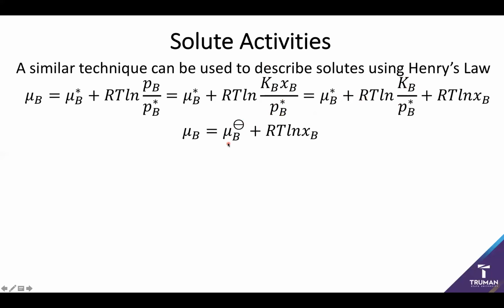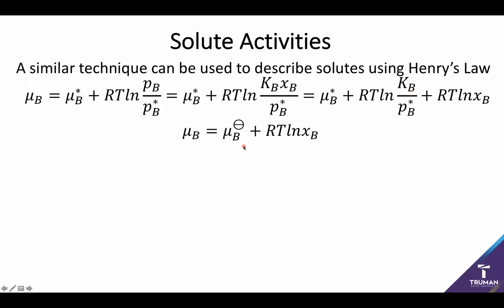So we're going to call this value the chemical potential of the solute. Again, this chemical potential is going to reference what the chemical potential of the solute would be if it followed Henry's law all the way to a mole fraction of 1. So again, this is kind of an artificial value.